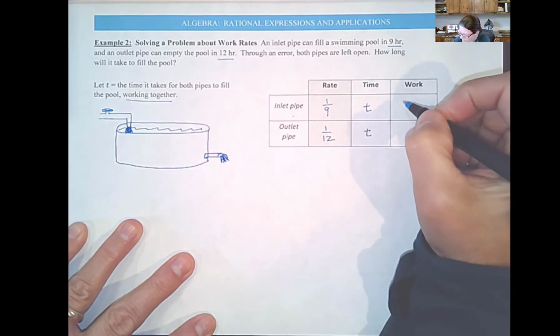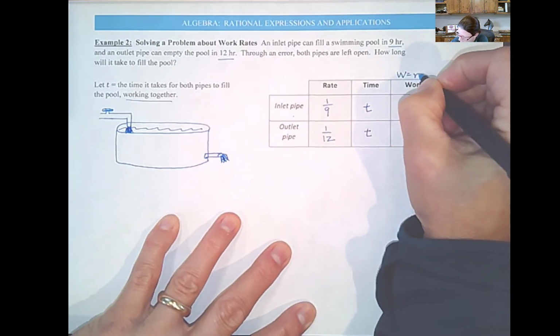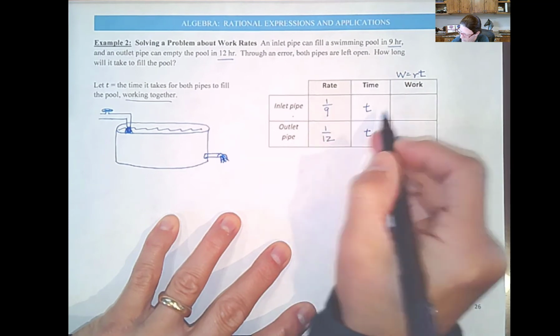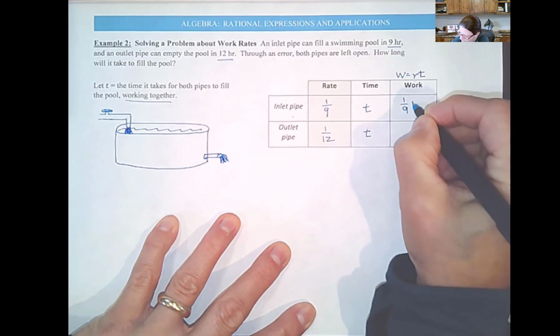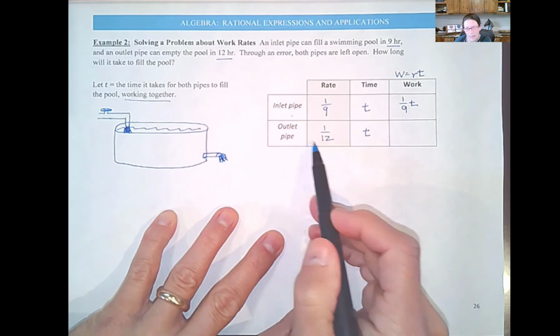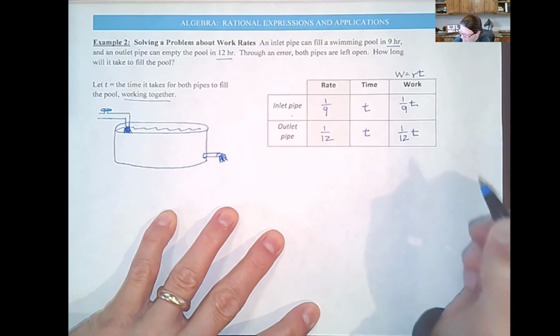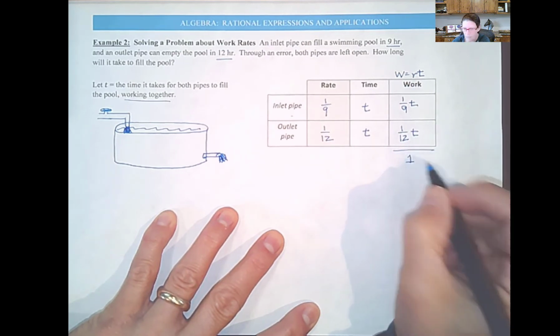The amount of work completed by the inlet pipe is rate times time, so 1/9 times T. And the amount of work completed by the outlet pipe is the product 1/12 T. Okay, and together we need to see this one complete job.